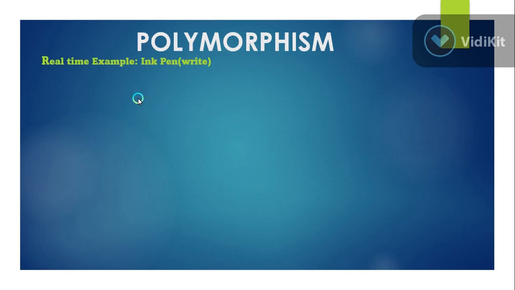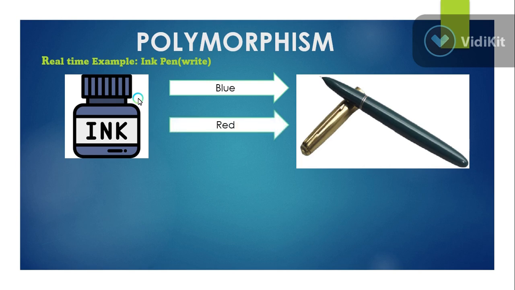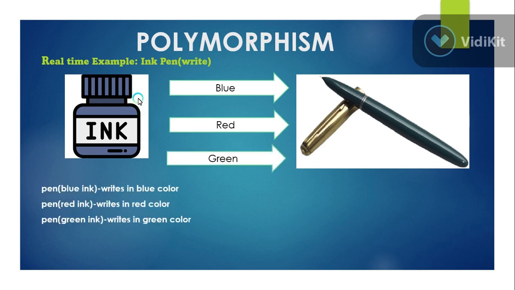Let us say a real-time example. I have one ink pen. When I fill it with blue color, it will write in blue color. When I fill it with red color ink, it will write in red color. When I fill it with green color ink, it will write in green color. So here the action is writing.